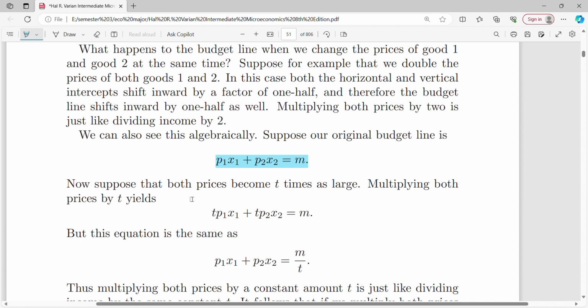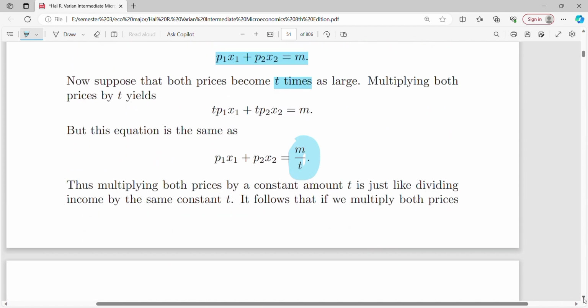And when the price of both increases at the same time, we can denote the increase as t times, so t P1 X1 plus t P2 X2. We can take this t outside in a bracket, then take it to the opposite side and divide M by t.